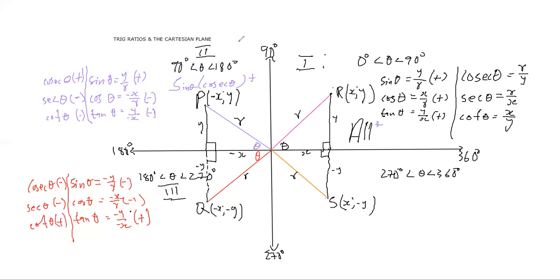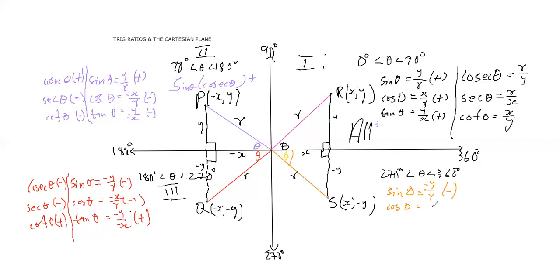And finally, the last quadrant, if that is my theta there, then we have the following. Sine theta, here's theta, opposite is minus y, hypotenuse is r, so we see sine is negative.